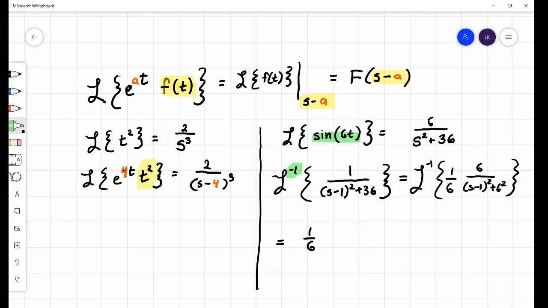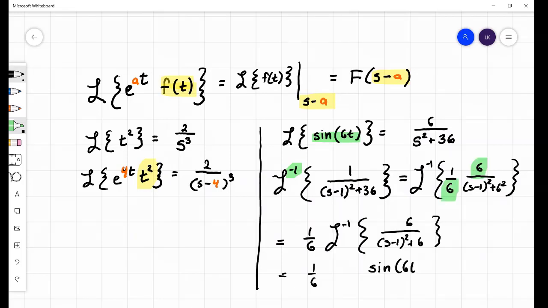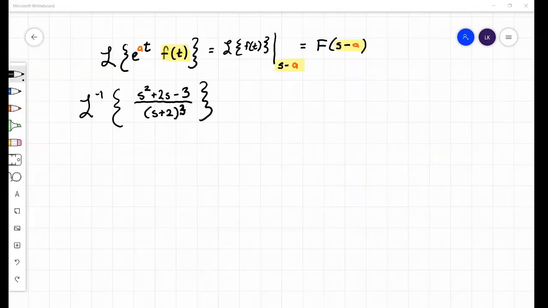So we introduce a 6 in the numerator and introduce it out in the denominator. We use linearity of the inverse Laplace, and we recognize this is essentially the inverse Laplace being sine of 6t, but because of the shift, we know that that should get multiplied by e to the 1 times t.